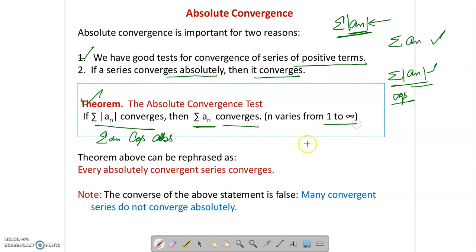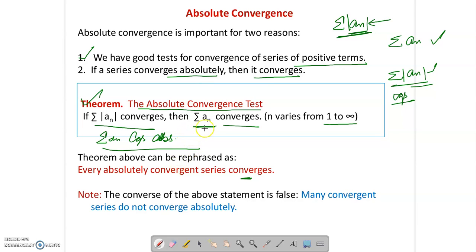Here your n varies from 1 to infinity. So the same theorem can be rephrased as: every absolutely convergent series converges. Meaning if a series of absolute values is converging, then the series converges. So this absolute convergence test will help us to test the convergence of many series which have positive and negative terms.